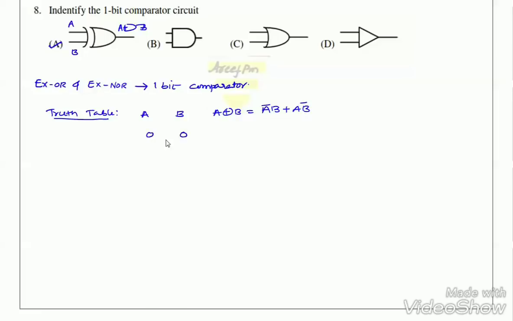So 0 0, 0 1, 1 0, 1 1 here, and here you have 0 1 1 0. If you observe here, 0 0 means output is 0. So if both are same you are getting 0. Both are same means 1 1 also 0. So it acts as an unequal comparator. So 0 0 means 0, 0 1 means 1, 1 0 means 1, 1 1 means 0.